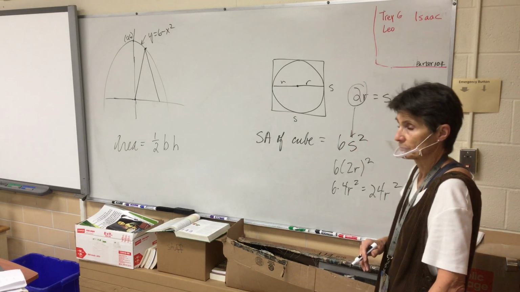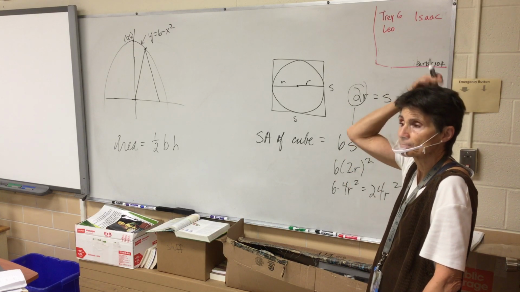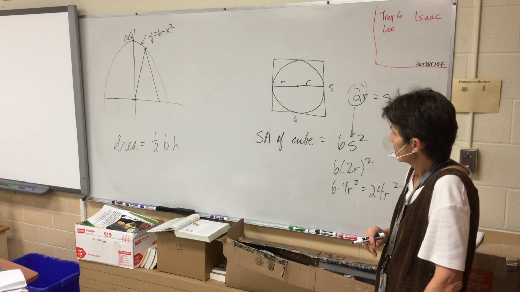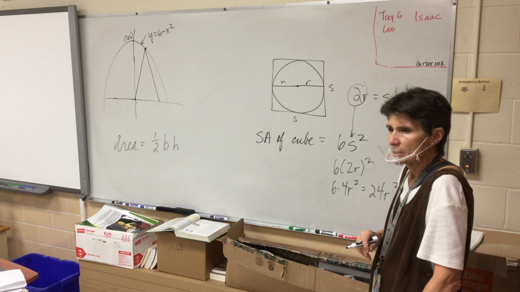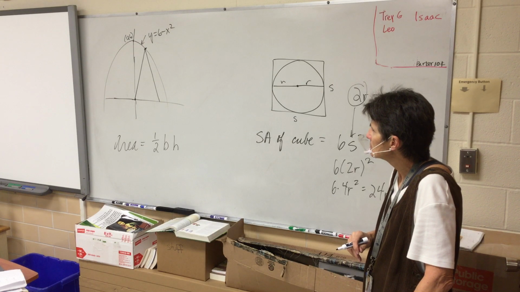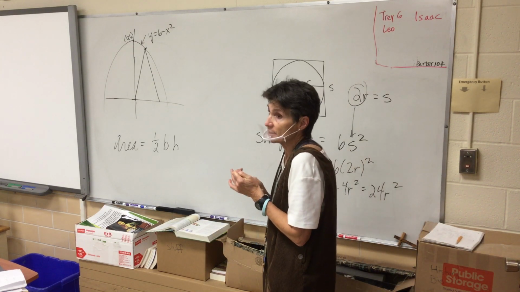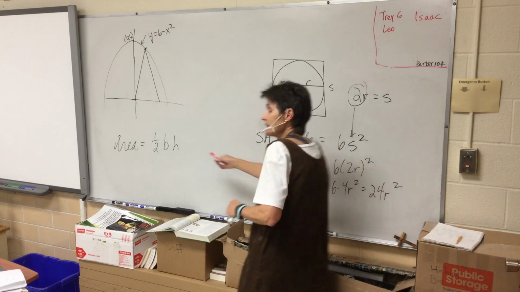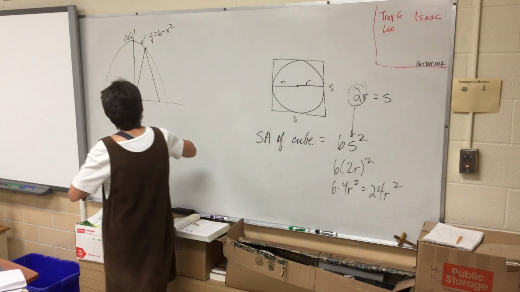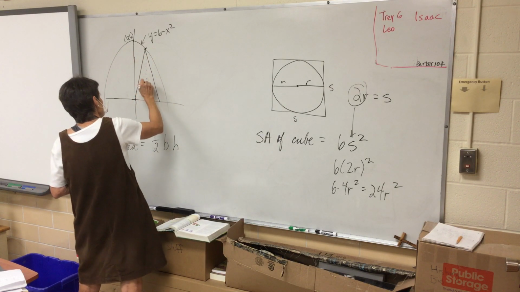Anybody? Jacob? Well, certainly I need the height. So to find the area, I'm going to need the height. So yeah, I think that's a good idea. Draw that right in. There's your height, right?